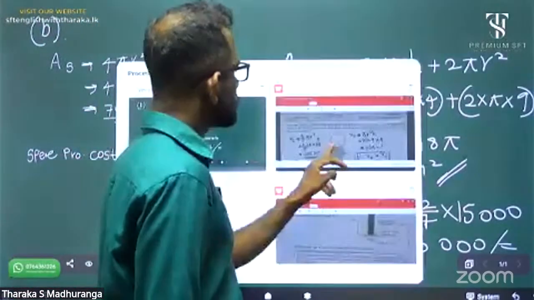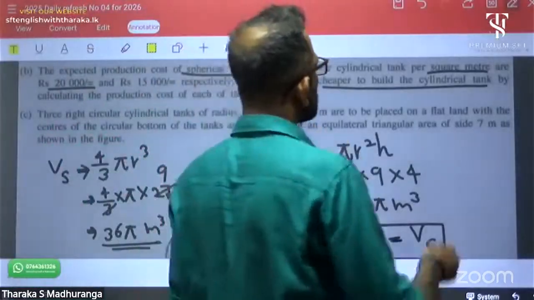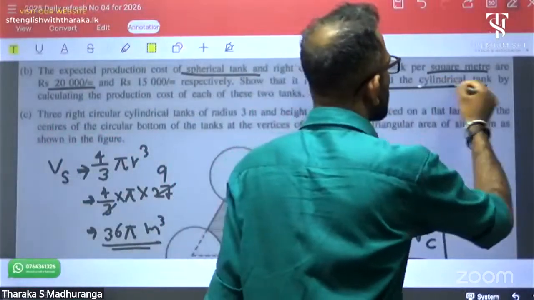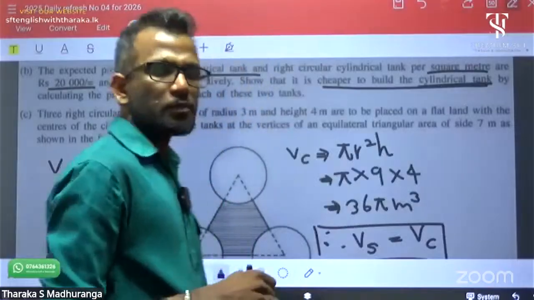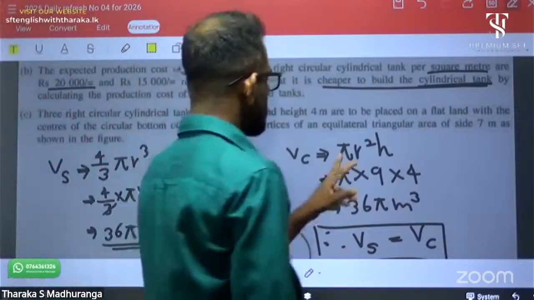Go to the question. The question given: show that it is cheaper to build a cylindrical tank, by calculating the production cost of each tank.